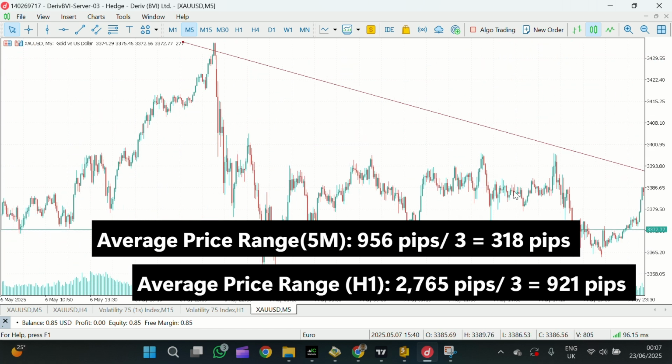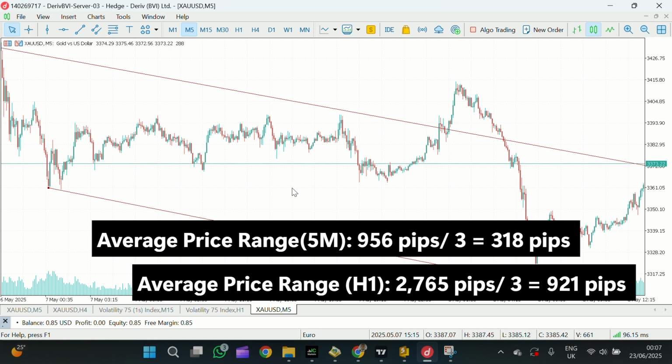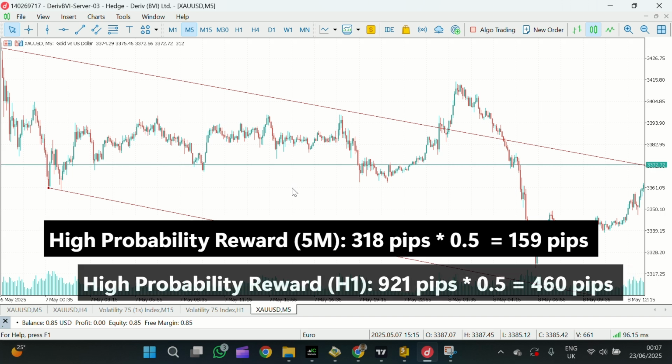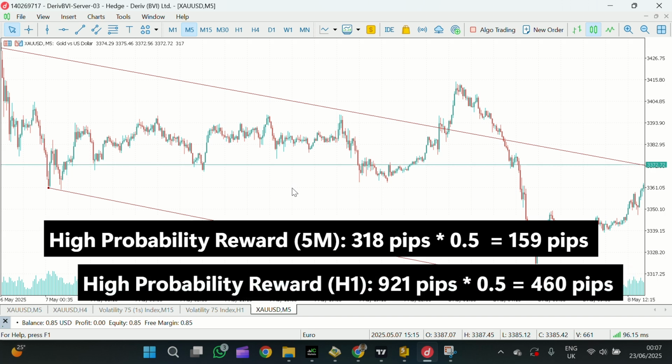Because I need to be very realistic and rational, I would say that my reward will be half of that. I will give it half. 318 multiplied by 0.5. That's half of it. That will be the reward because this gives you a surety that the market will definitely get to this.